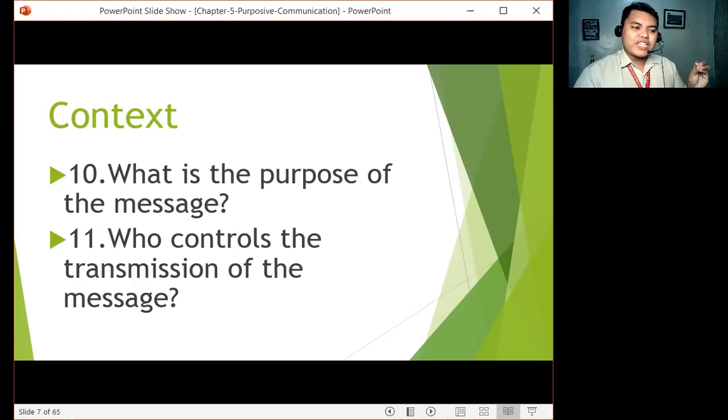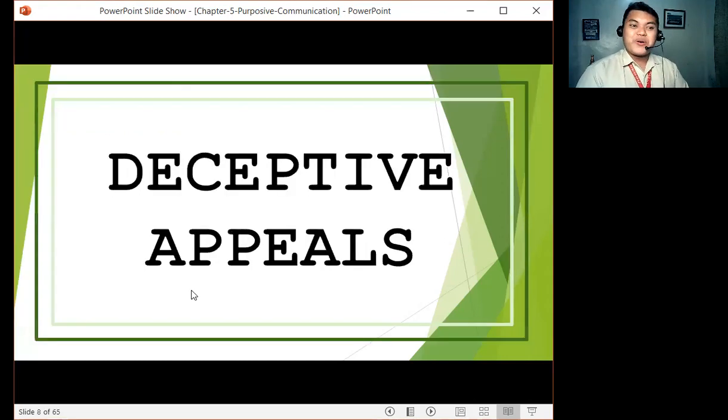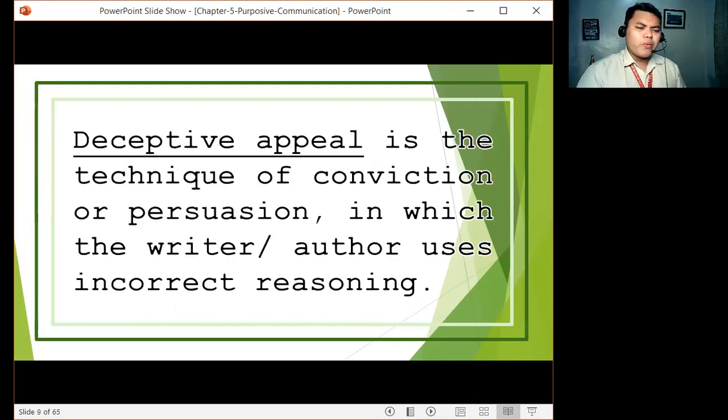So part of this illogical, improper use of appeals or fallacies, we have the so-called deceptive appeals. So we will now discuss, as part of evaluating the images and messages, that we also need to consider the deceptive appeal. So by the way, what is this deceptive appeal?